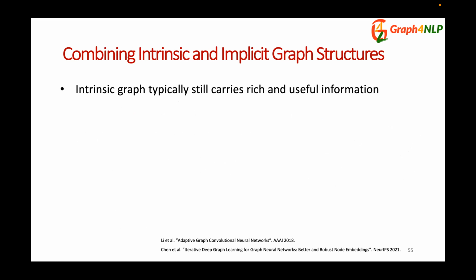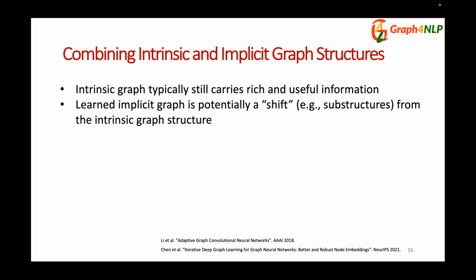Now let's talk about how we can combine intrinsic and implicit graph structures and why we want to do that in some scenarios. The intrinsic graph typically still carries rich and useful information regarding the optimal graph structure for the downstream task. Some recent works propose to combine the learned implicit graph structure with the intrinsic graph structure, based on the assumption that the learned implicit graph could be regarded as a potential shift from the intrinsic graph structure, which is supplementary to it.